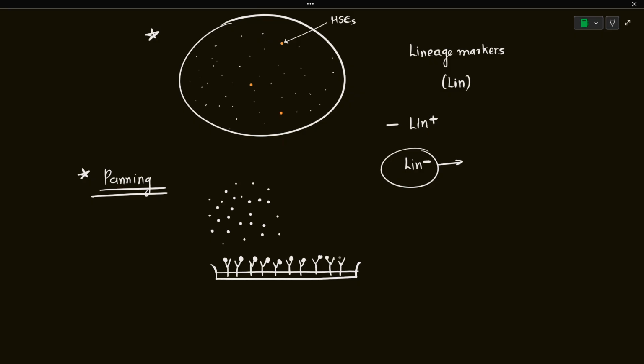And a few cells will not bind to the antibody. Those cells do not bind to any antibody. They could be progenitor cells, which are also cells that are not differentiated fully, so they are not mature yet, and that is why they do not have those mature cell markers, the lineage markers.